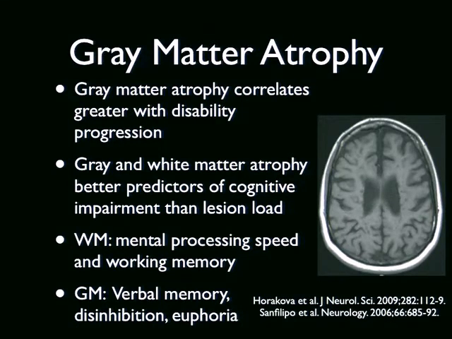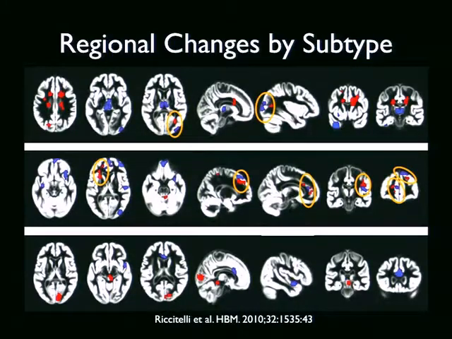White matter atrophy correlated greater, at least in one study, with mental processing speed and working memory, whereas gray matter atrophy correlated greater with verbal memory, disinhibition, and euphoria.